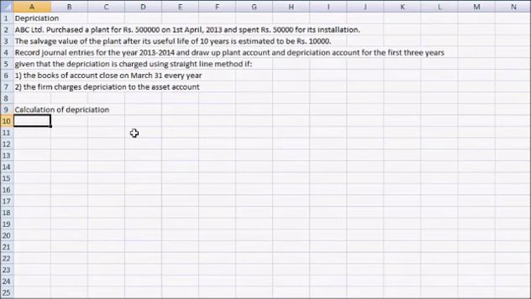Now, as per the question, we can understand what our purchase amount is, and then the installation amount, salvage value, everything is given. So first of all, we'll calculate the original cost.